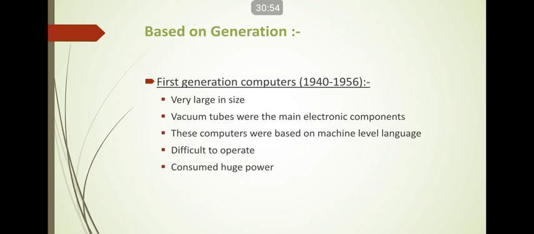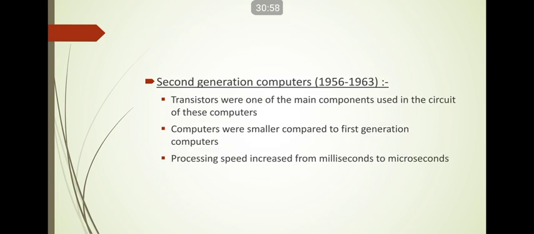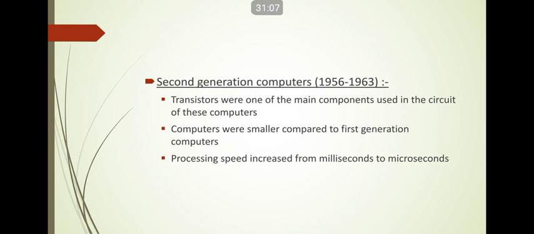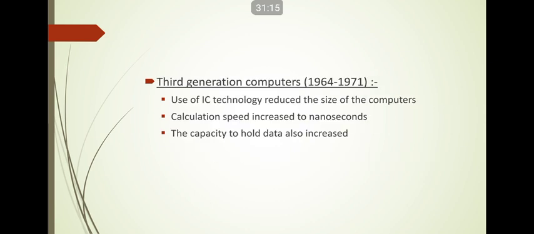First generation computers, timing was 1940 to 1956. Second generation computers, 1956 to 1963. In first generation computers, vacuum tubes were used and they were big in size. In second generation computers, transistors were used and they were smaller in size compared to the first generation. Third generation computers came into existence in 1964 to 1971.